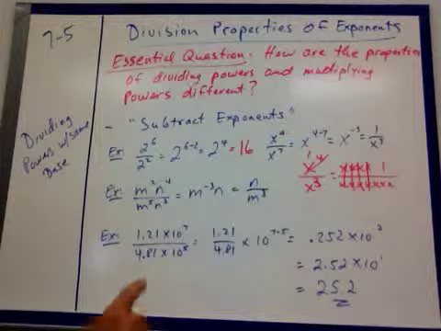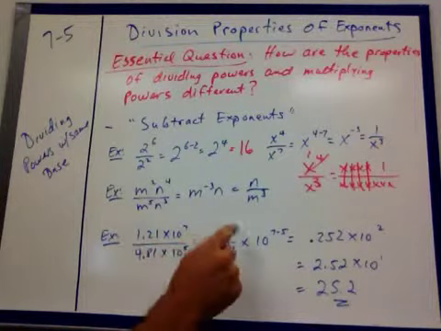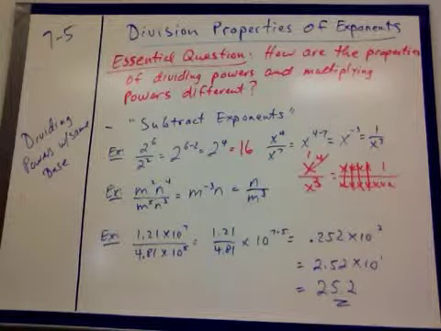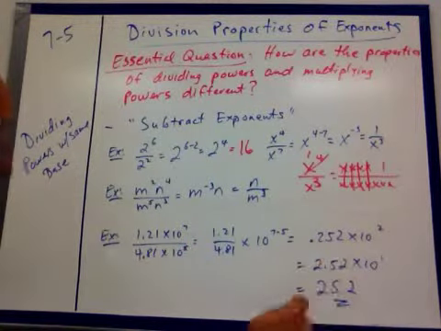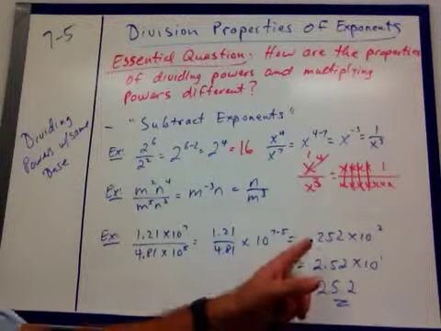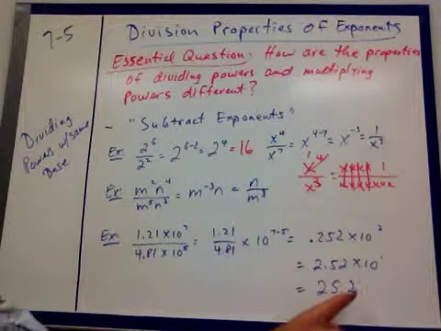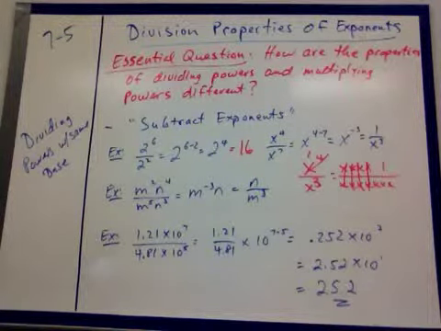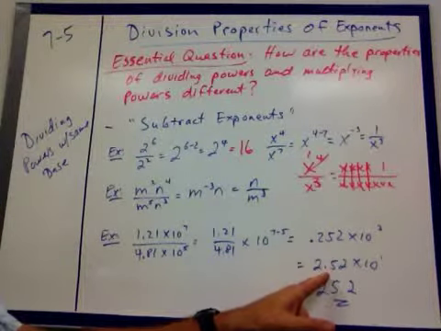Okay? Here, we can split this up. 1.1 or 1.21 over 4.81, and then 7 minus 5 is 2. Now, if you move the decimal point 2 places here, I moved it once and I moved it again, there is standard form. Okay, this isn't scientific notation. This is.